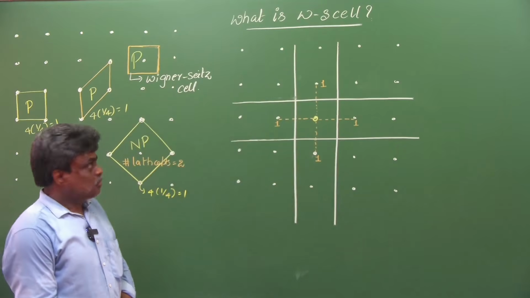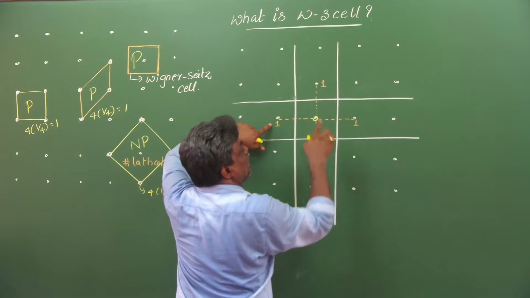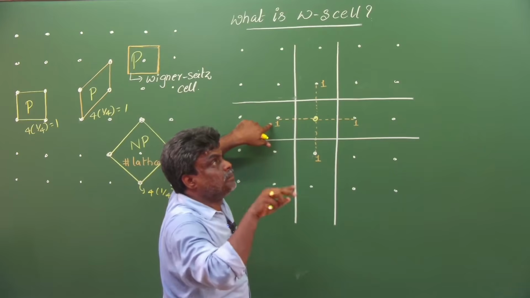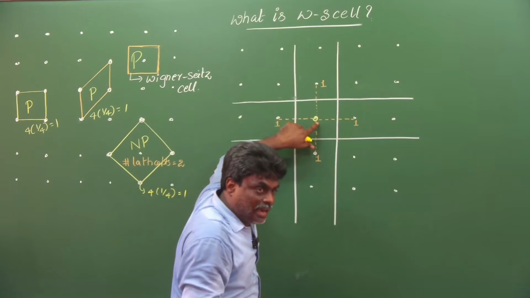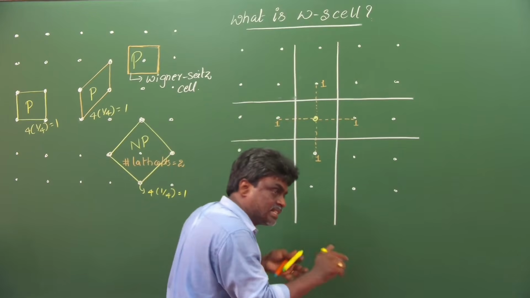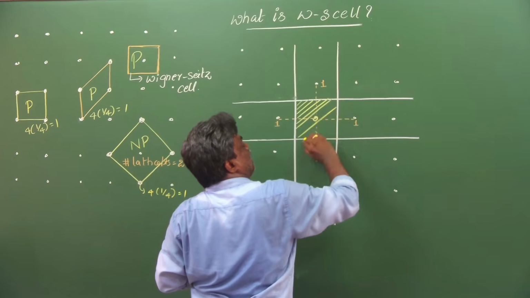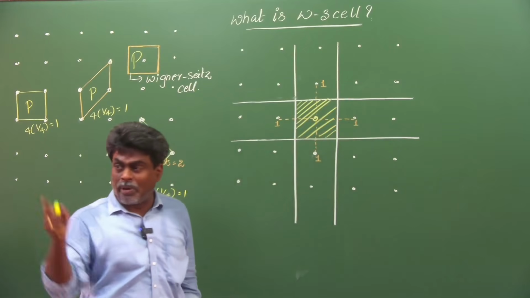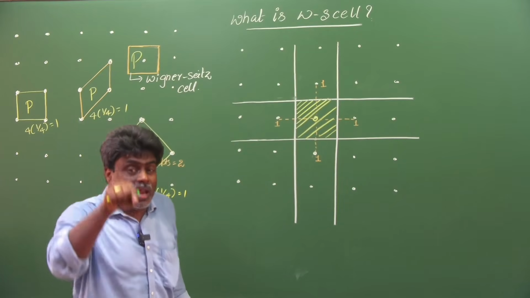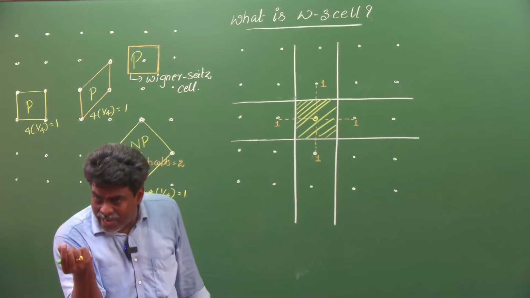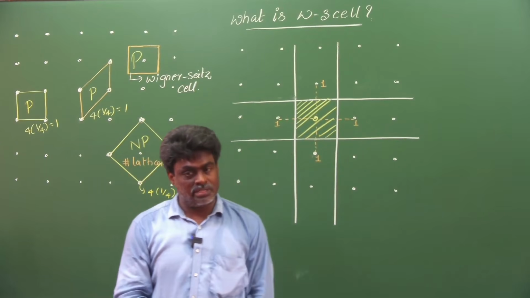So I have chosen a lattice point, taken the first nearest neighbors, and now I have taken perpendicular bisectors to the lines joining a given lattice point and its first nearest neighbors. Then is a region of space enclosed or not? The region of space enclosed by the perpendicular bisectors drawn to lines joining a given lattice point and first nearest neighbors is called the Wigner-Seitz cell.